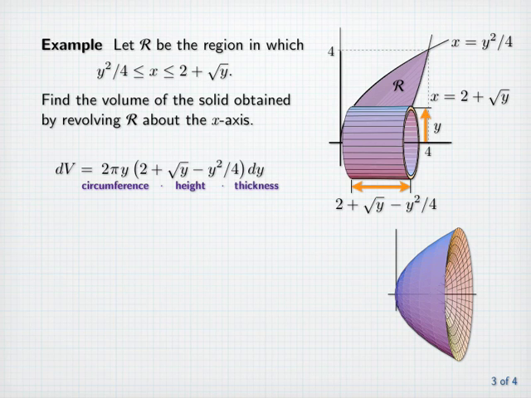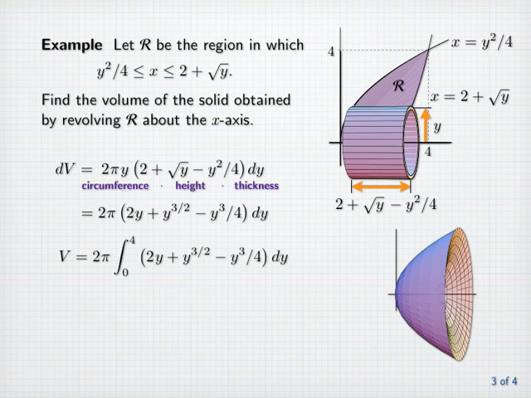Let's prepare this for integration by multiplying the y factor through to obtain 2 pi times (2y plus y to the 3/2 power minus y cubed over 4) times dy. So the volume of the solid will be the integral from y equals 0 to y equals 4 of dV.